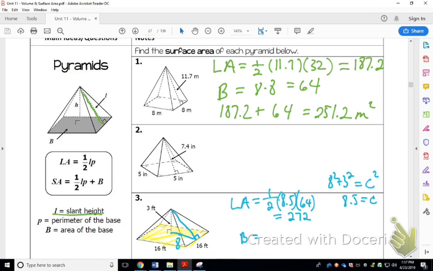Okay, so the area of this base is basically going to be 16 squared, or 256. So your surface area is the 272 plus the 256. 528 feet squared.